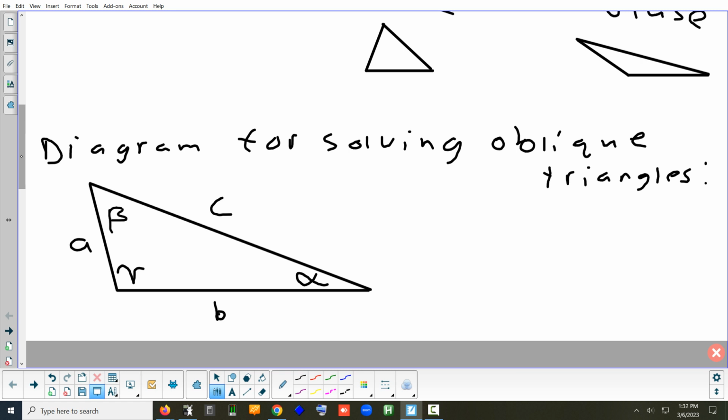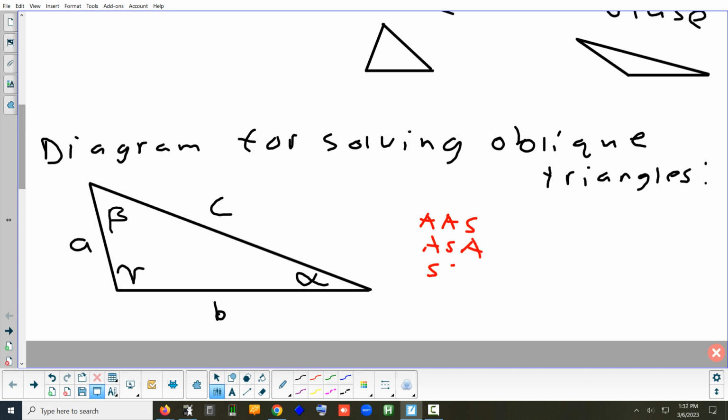Depending on what 3 things I tell you, it's going to control how you figure this out. There's 5 different cases that you could have. Those are the 5 things we're going to study all week. We're going to look at 3 of them today. One of them we're not going to quite finish, and we'll finish it tomorrow. And then Wednesday we'll look at 2 more. So that's going to be 5.